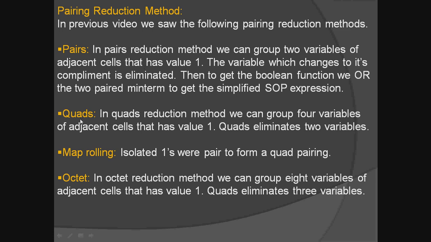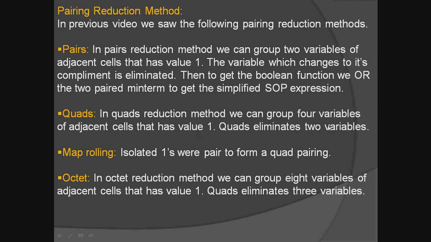Now in terms of quads, in the quads reduction method we can group four variables. So here two variables, and here four variables, four variables of adjacent cells that have value 1. In pairs it will eliminate one variable, but in quads it will eliminate two variables.